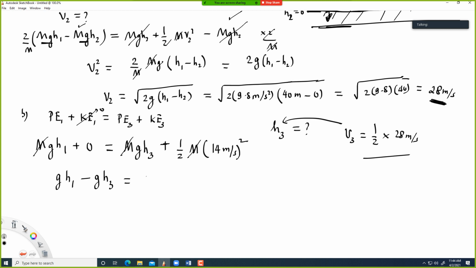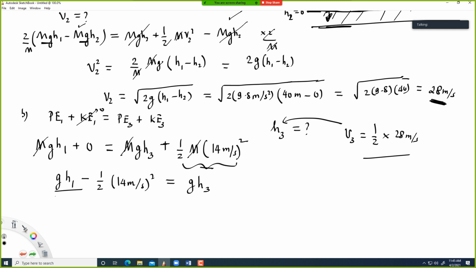No, actually, I don't want to do that, because we are finding H3, so you want to take this thing to the left, minus 1/2 times 14 meters per second squared. I'm taking this to the left because I want to find this in terms of H3, and to find H3 I need to divide both sides by g. Or you can do that later.